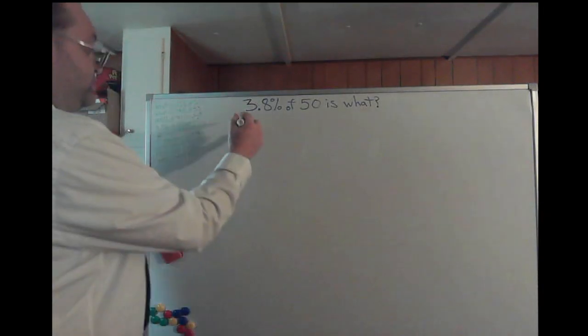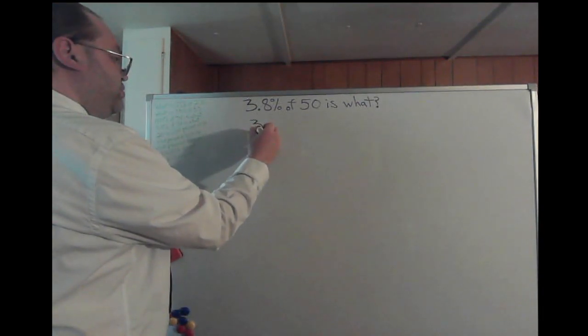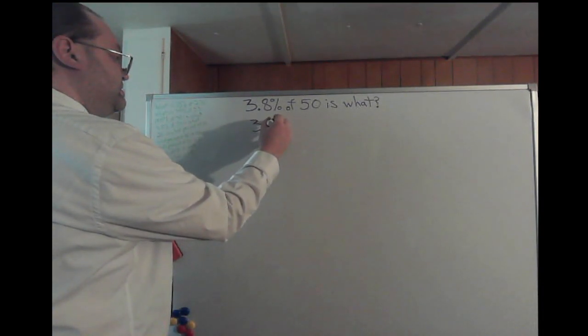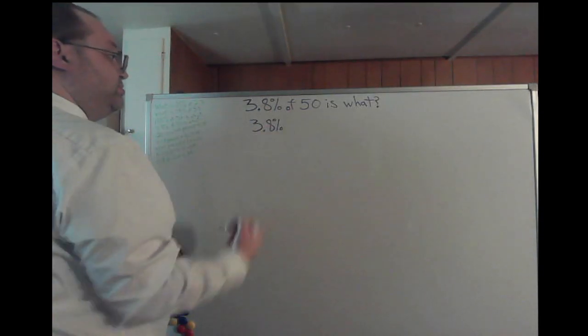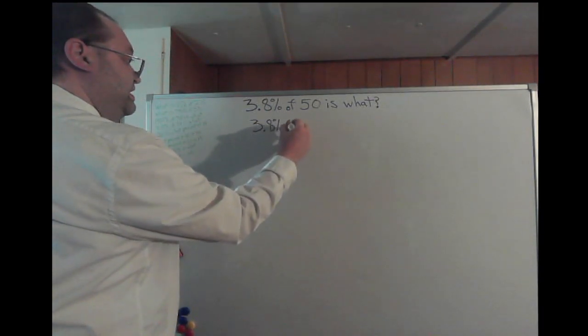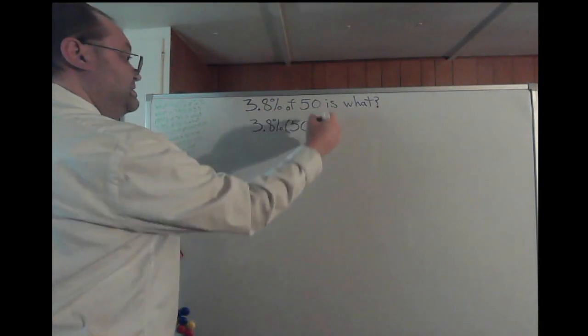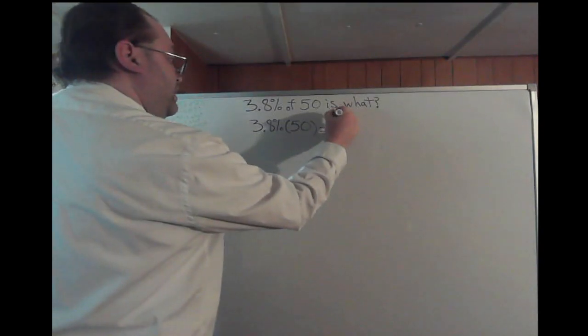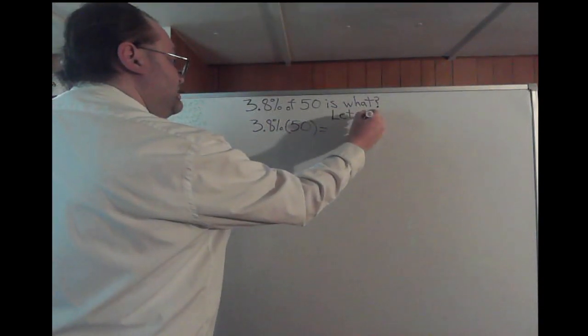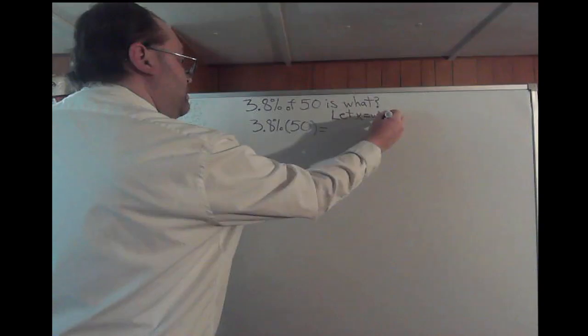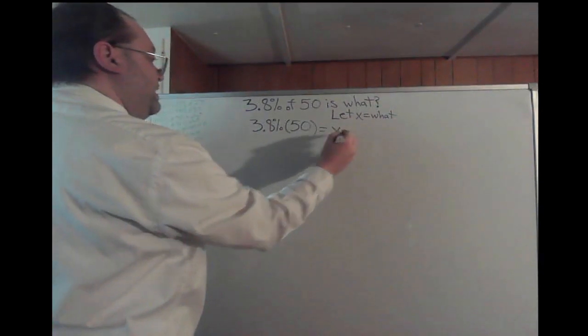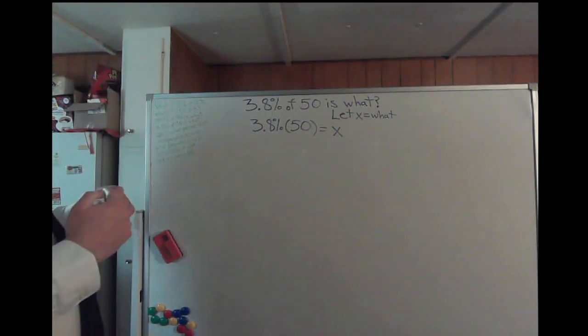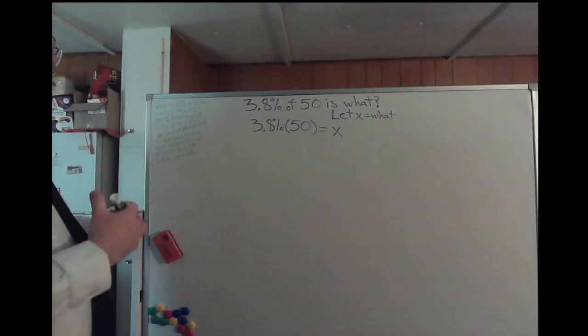Okay, so we'll start out with our equation here. 3.8% of means multiplication times 50 is equal to what? So we'll let x equal what? It's equal to x. Okay, so 3.8% times 50 equals what?